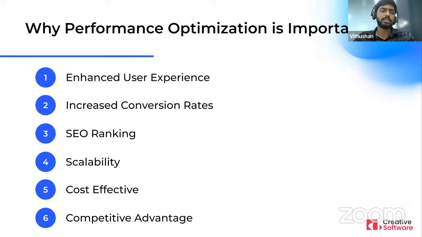And when we talk about why performance optimization is important, take enhanced user experience: a faster, more responsive app leads to a better experience for users, making them more likely to return and engage with our product. Optimized performance can also directly impact the conversion rate of the application.